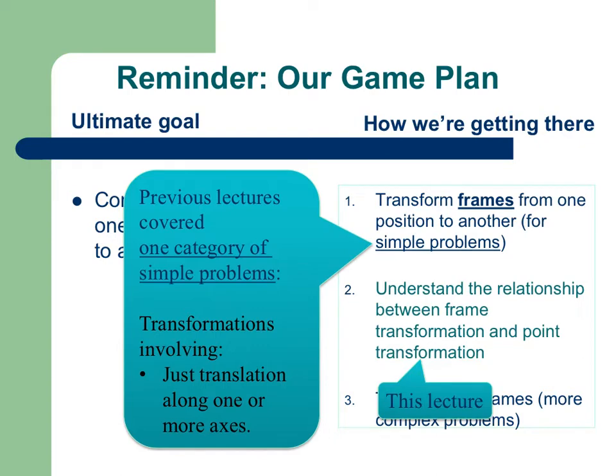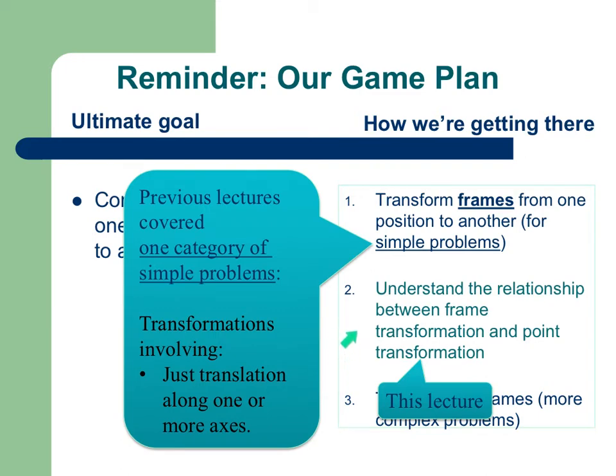So we're going to jump into part 2 briefly here, and talk about how we do those kinds of point transformations, or transformations from one coordinate frame to another of a point where the point doesn't move. Remember, the point never moves. We're just thinking about it from a different perspective.